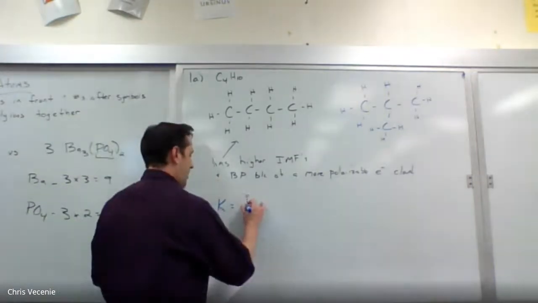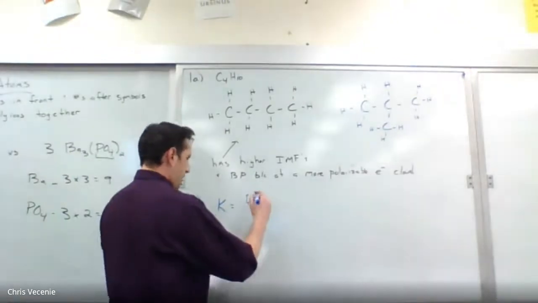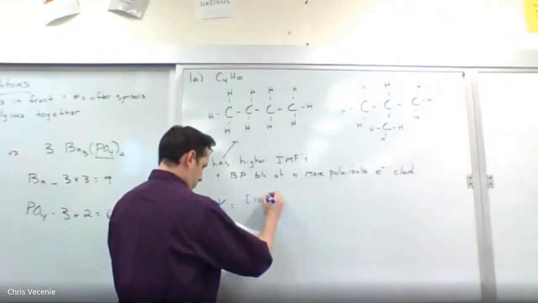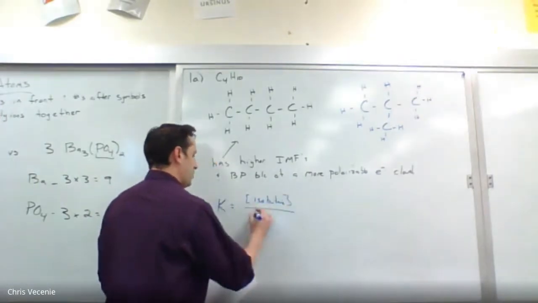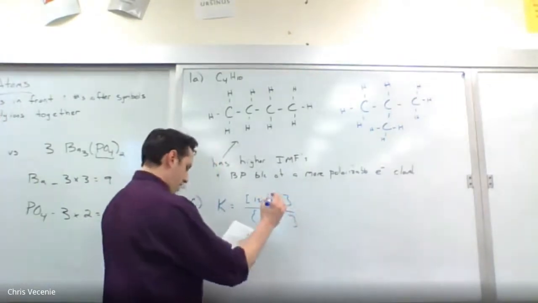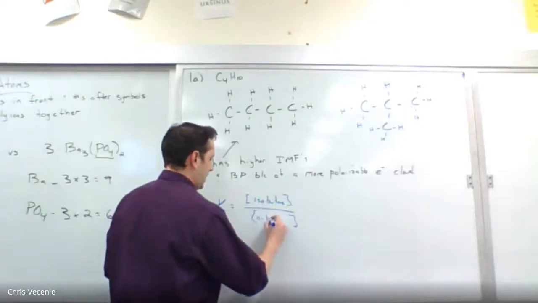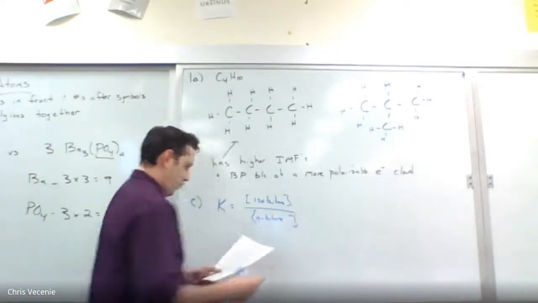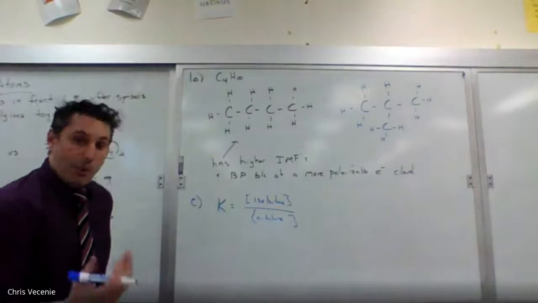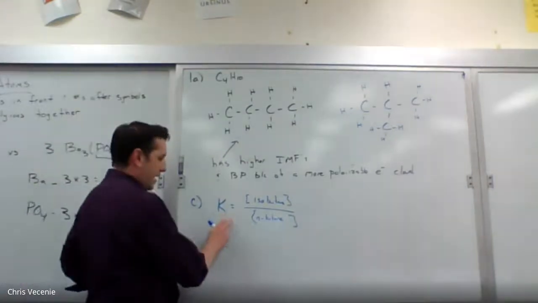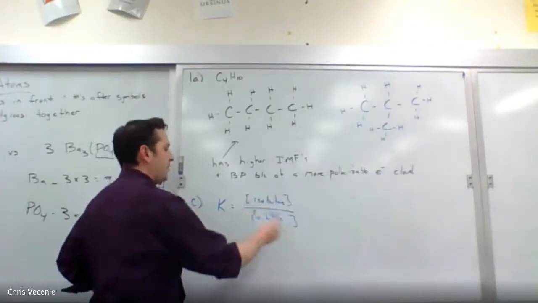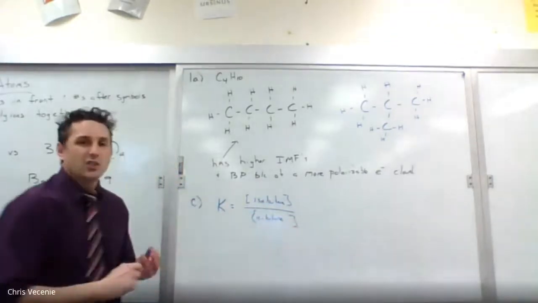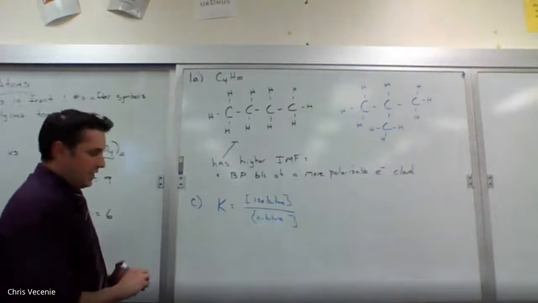So I'm looking at the concentration of isobutane to the first over the concentration of N-butane to the first. If they had given us pressures, this would have been a Kp. It would have been parentheses with a pressure of isobutane, parentheses with a pressure of butane. Just watch for those subtle differences.